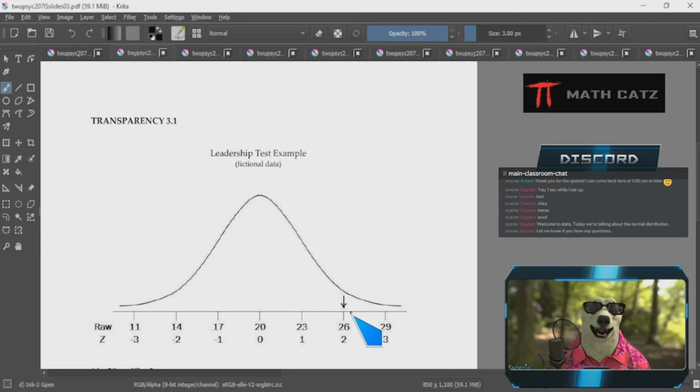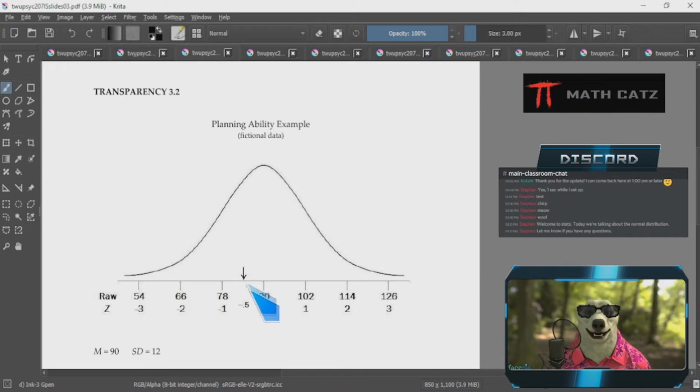Now, depending on which two positions I look at, this one visually does seem further away from the center than this one, and it's on the other side as well. However, by standardizing this bell curve, we can better compare. Maybe the same person took these two different tests. We can better compare and better explain the observations that we get.